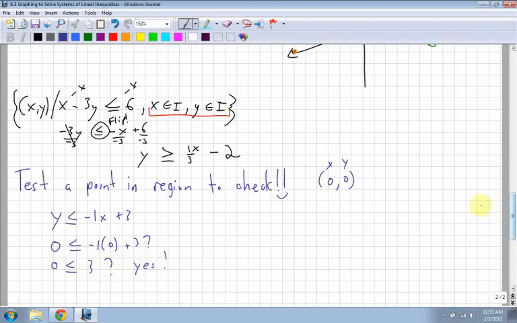Now let's test it in the second equation, the black one. So y greater than or equal to 1/3 x minus 2. Again, I'm using 0 for x and 0 for y. So is 0 greater than or equal to 1/3 times 0 minus 2? Whoops. Is 0 greater than or equal to 1/3 times 0, which is 0, minus 2, which is -2?